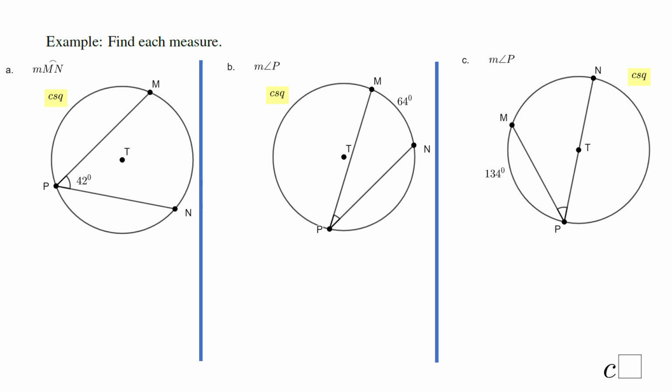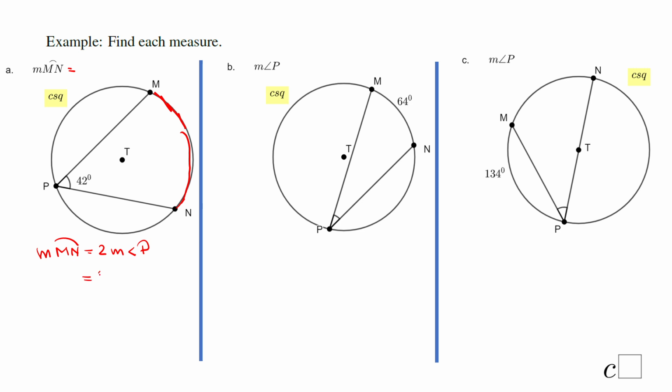Now let's take a look at some problems. In this example, on part A, we need to find the measure of arc MN. If you remember, the measure of the arc is twice the measure of the angle.